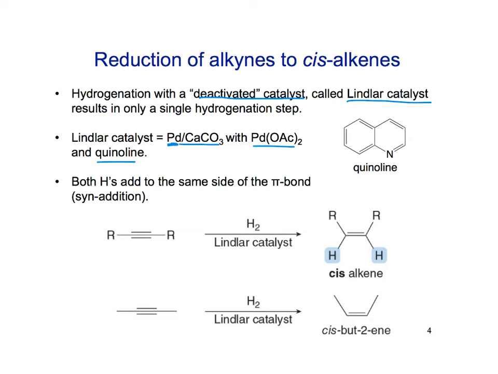This reduces the activity of the catalyst, allowing the hydrogenation to be stopped after a single addition of hydrogen. So in this case, we start with the alkyne, we hydrogenate it over Lindlar catalyst to get only the cis alkene.